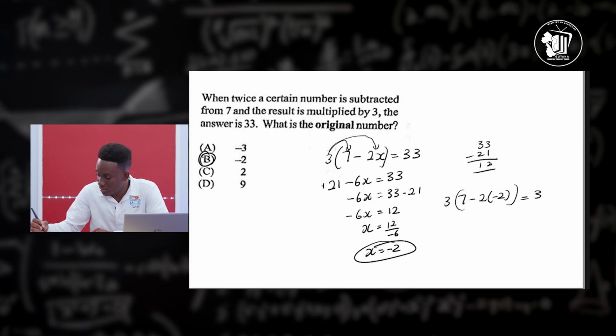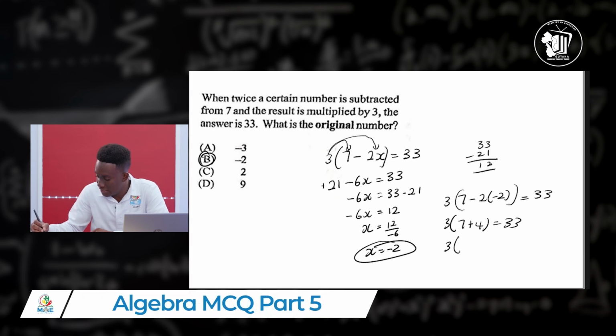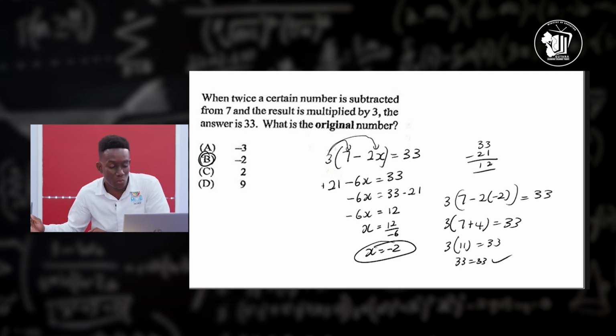So 3 multiplied by 7 subtract negative 2 times negative 2, which will give me a plus 4, is equal to 33. So 3 multiplied by 7 plus 4 would be 11. And this should be 33. So 3 times 11 would be 33, which is equal to 33. So therefore, the answer is indeed 100% correct. So the answer is B, negative 2.